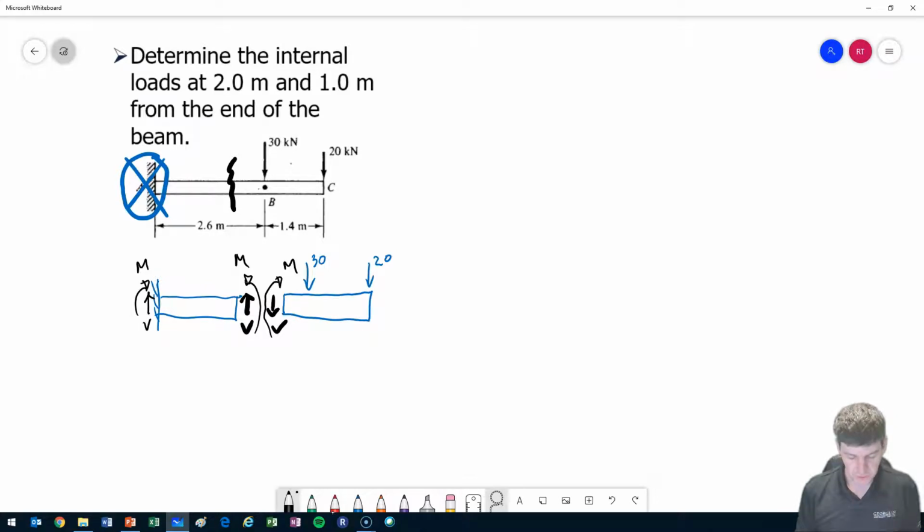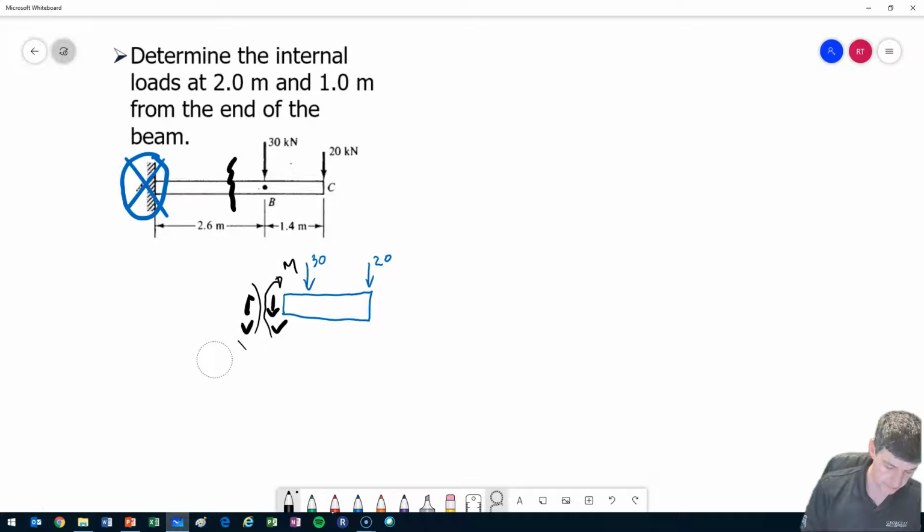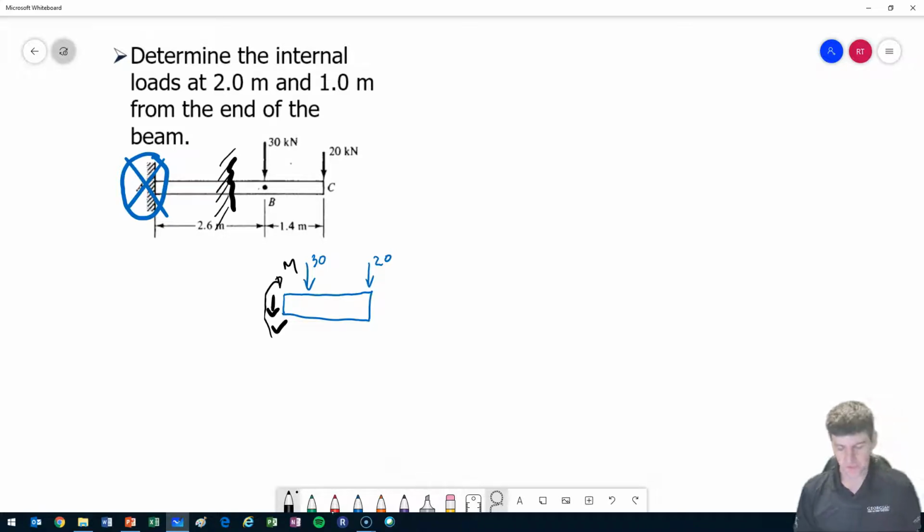So I don't even need to use this whole mess. And if I just concentrate on the right hand side where I've sliced, it's just like me having a cantilever beam, and now the wall is here. And we know how to approach that.